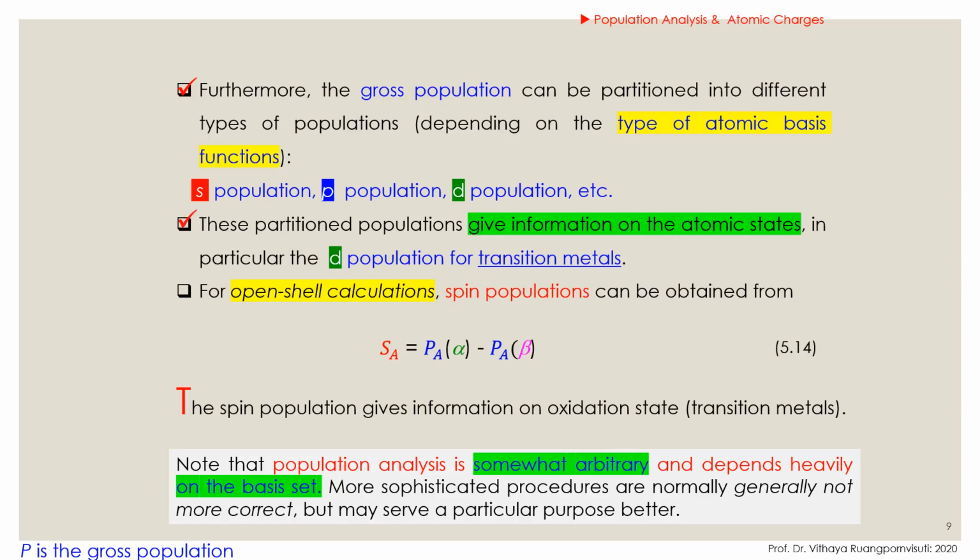These partitioned populations give information on the atomic space, in particular the d populations for transition metals.